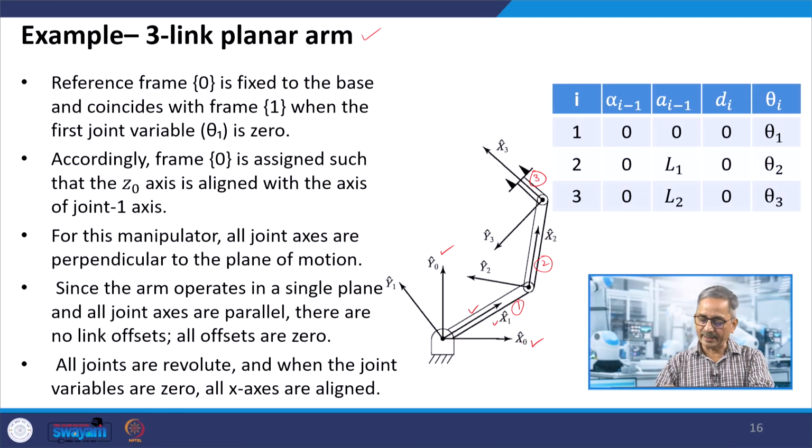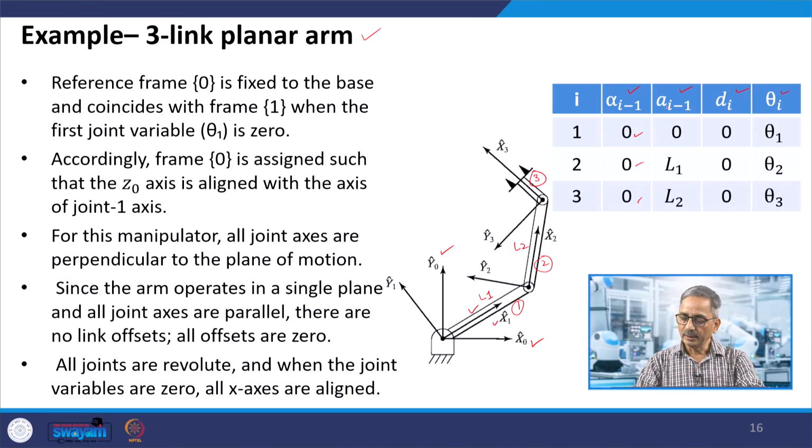So this is my frame assignment. Now I can draw the DH parameter table here. I can assume the link lengths, say L1 and L2. So this is my DH table, with alpha i minus 1, a i minus 1, d i and theta i. All z axes are parallel, so all these alpha values are going to be 0.